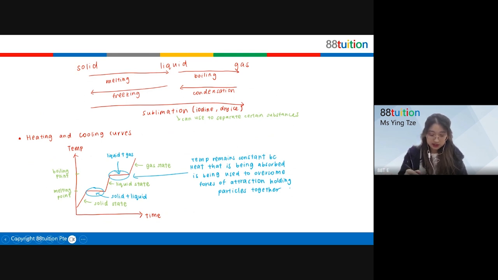Okay, so this is called the heating curve. So the cooling curve will look the same, just that the temperature is going down instead. So similarly, here we have the gas, and then here it is undergoing condensation.